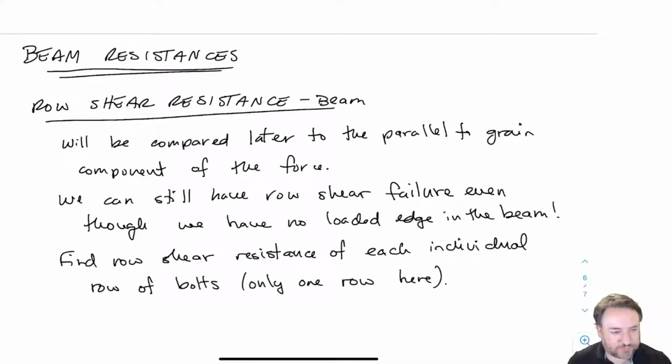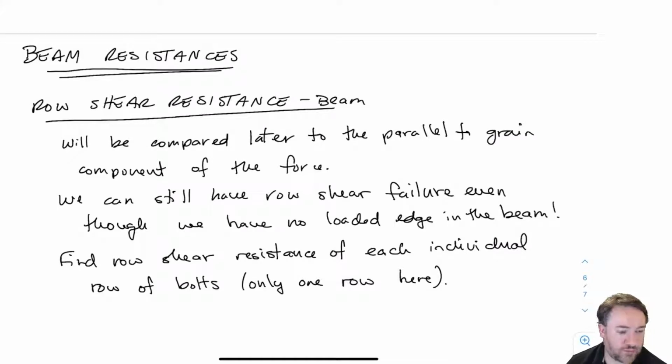As we know, in the beam, we have our bolts being loaded at an angle from the brace. The brace is pulling the bolts up and to the right, and so the bolts are loading the beam in some direction at an angle to the grain. There's a parallel to grain component and a perpendicular to grain component to that force.